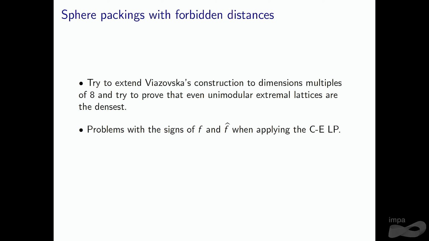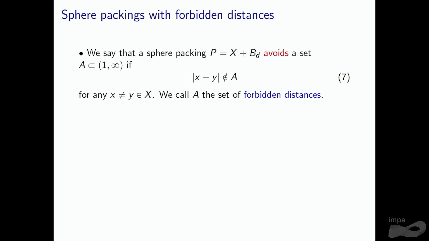And so we needed to modify the problem a little bit and consider what we call sphere packings with forbidden distances. So what is the definition of a sphere packing with forbidden distance?